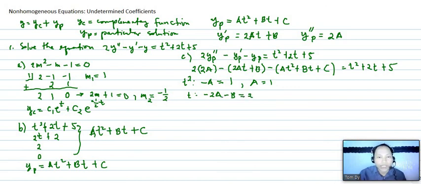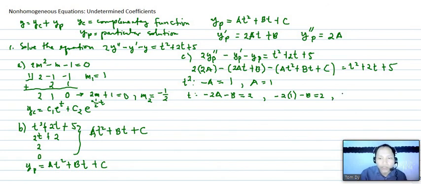So if a equals 1, then negative 2a, if we substitute a as 1, is negative 2 times 1 minus b is equal to 2. So we transfer b to the other side, that becomes positive, and negative 2 minus 2 is negative 4.